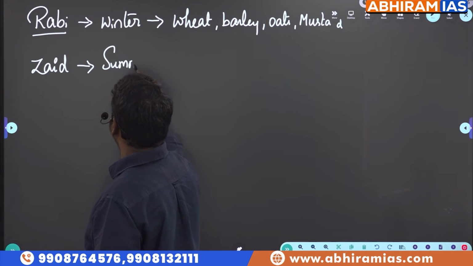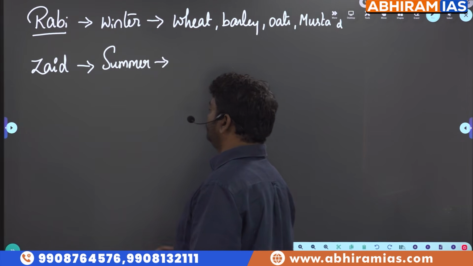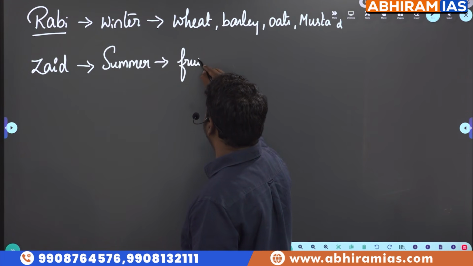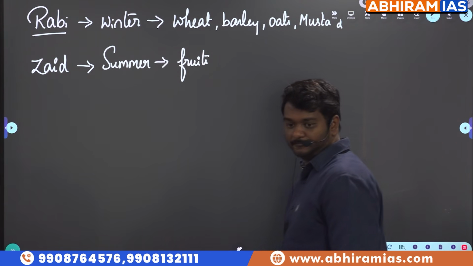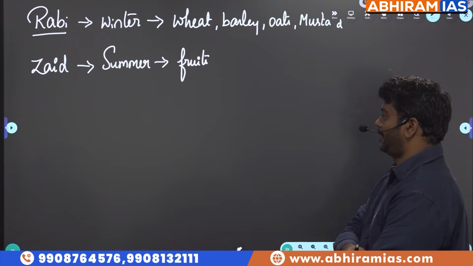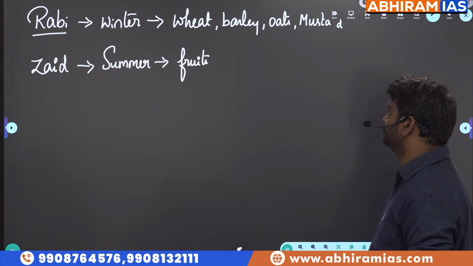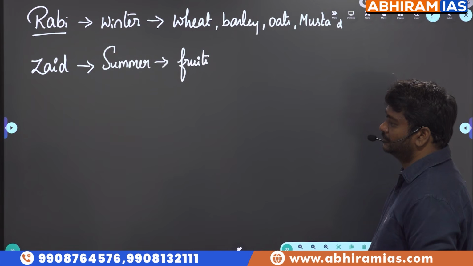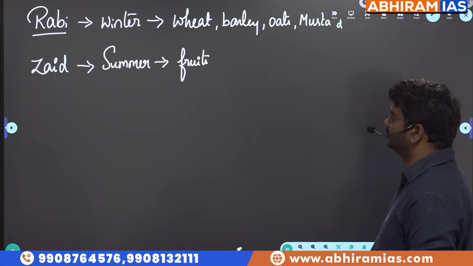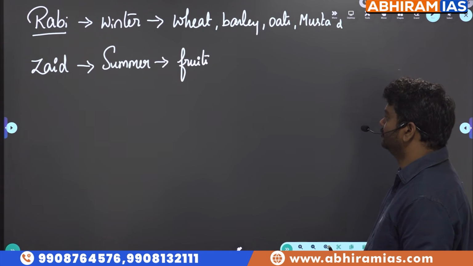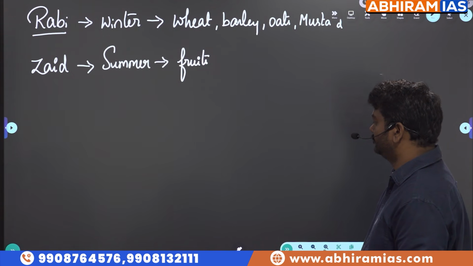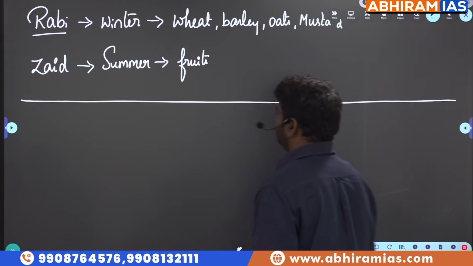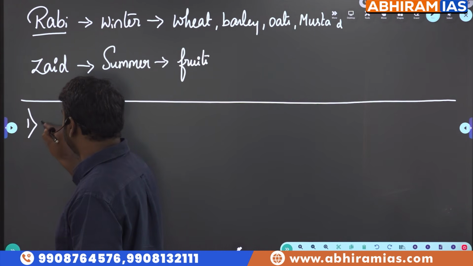Zaid is the summer crop season, with fruits. Yes. Next is crops.